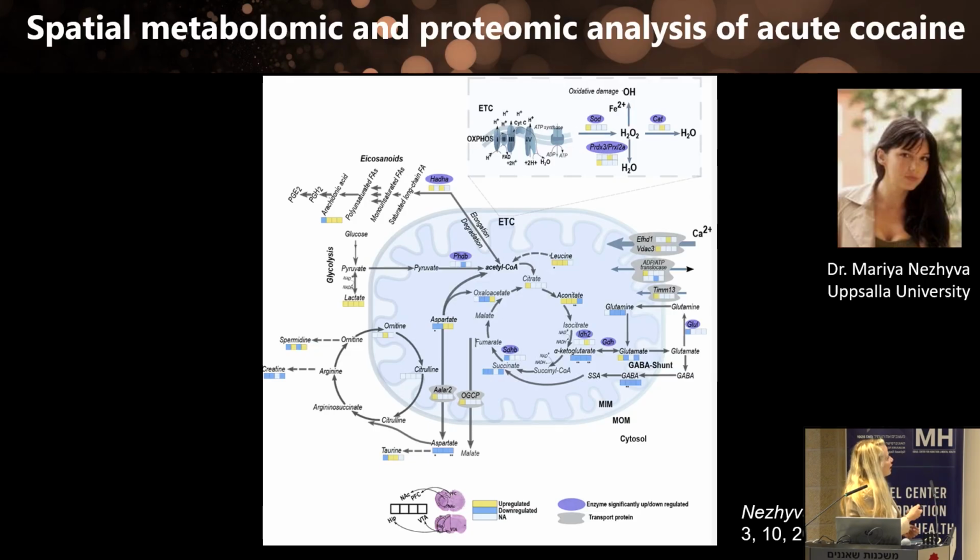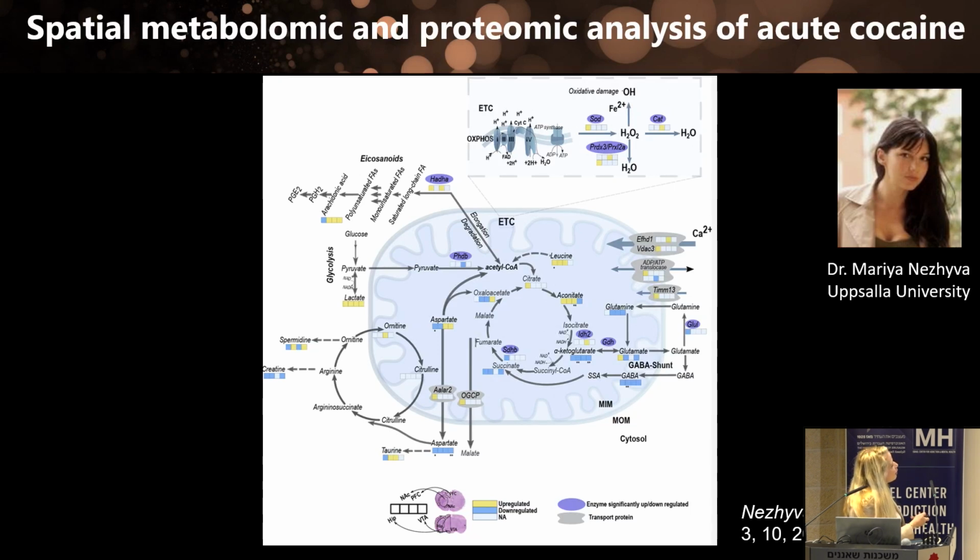So indeed, we saw that glycolysis is very impaired. So we see a lot of lactate in all the areas of the reward system. If we look at the TCA cycle, which is very important for proper mitochondrial activity, we see that the effects on different areas of the reward system are different. For instance, in prefrontal cortex and nucleus accumbens, you see a lot of aconitate elevation, whereas in VTA, aconitate is actually depleted.